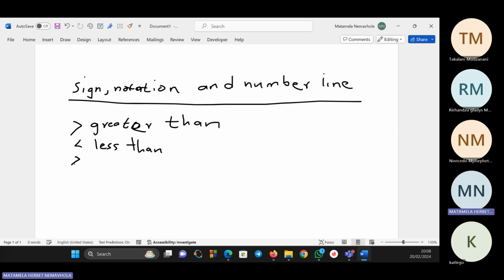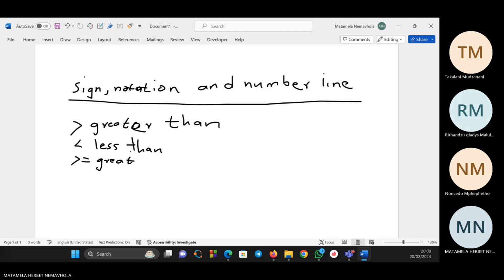And then you have this one, greater than or equal to. And then this one is less than or equal to.